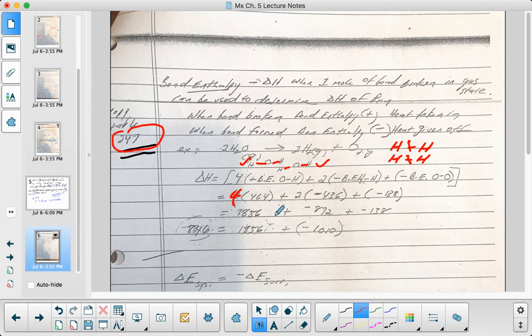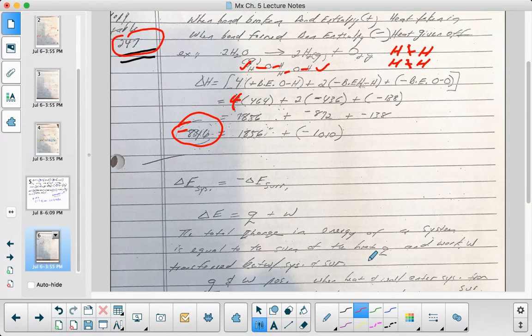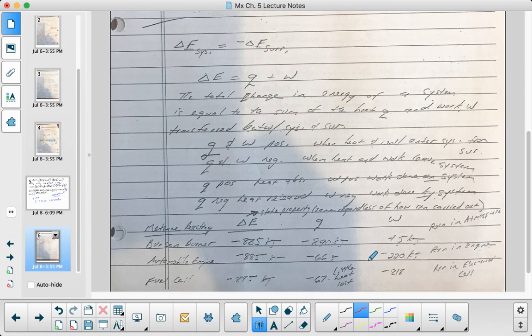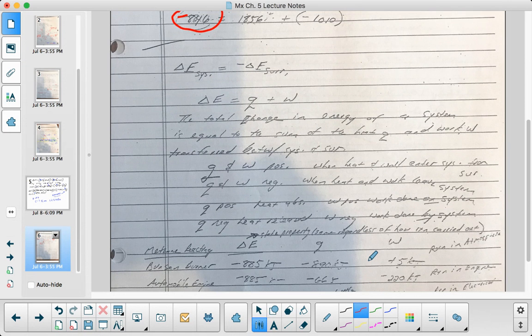Those are the values that I get when I do my little bit of mathematics, and I add those values up, and that is the answer for the change in enthalpy for this particular reaction.